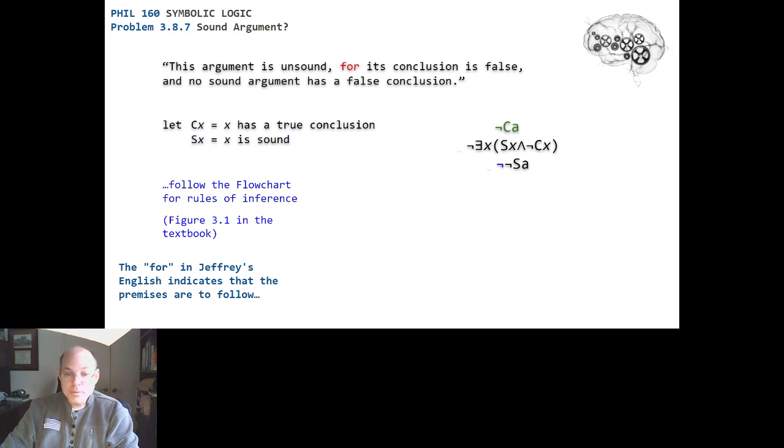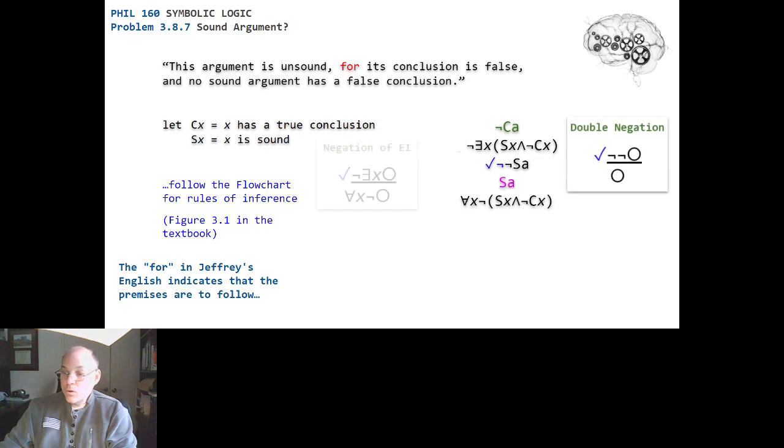The next step is to apply double negation to the denied conclusion and the negation of the existential instantiation. And then we'll check those rows that we operated on.